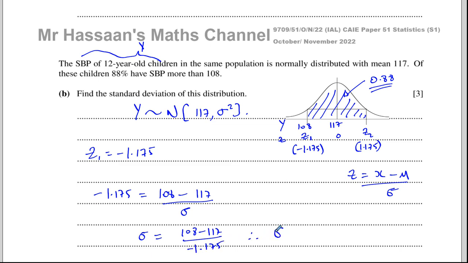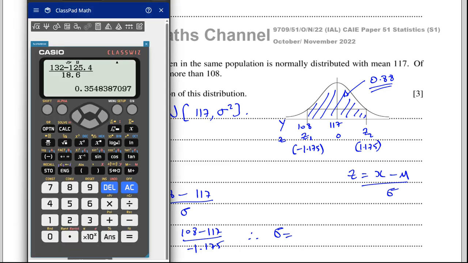So therefore, the standard deviation will equal 108 minus 117 divided by negative 1.175.